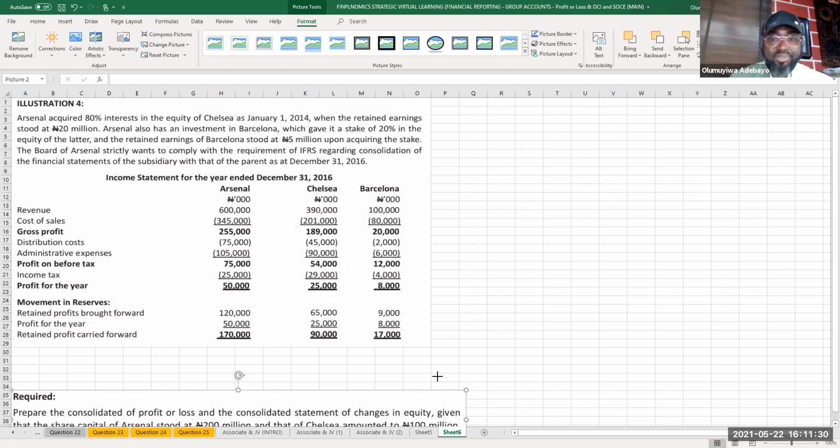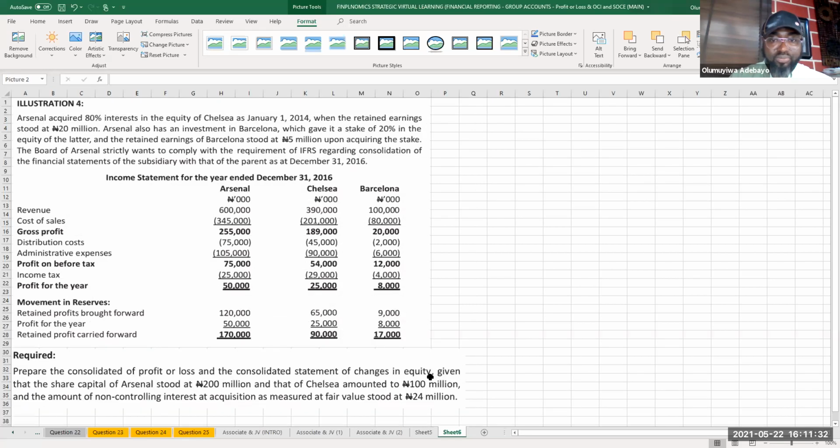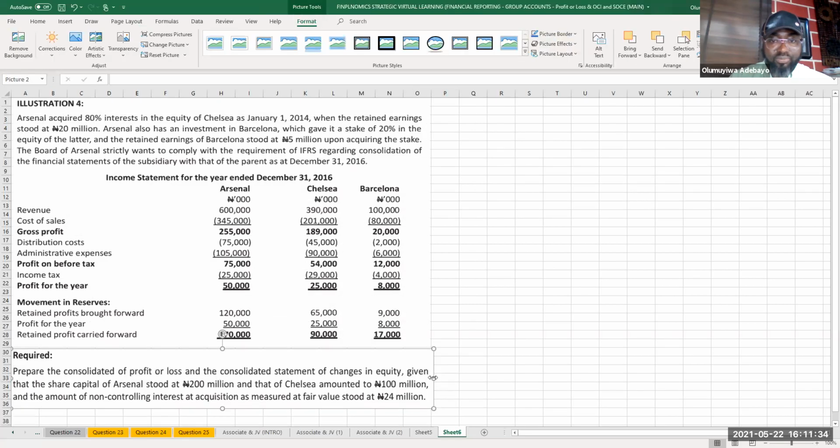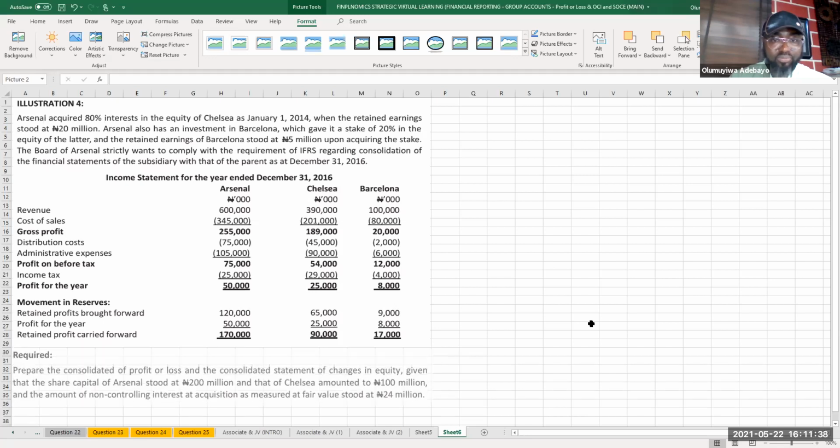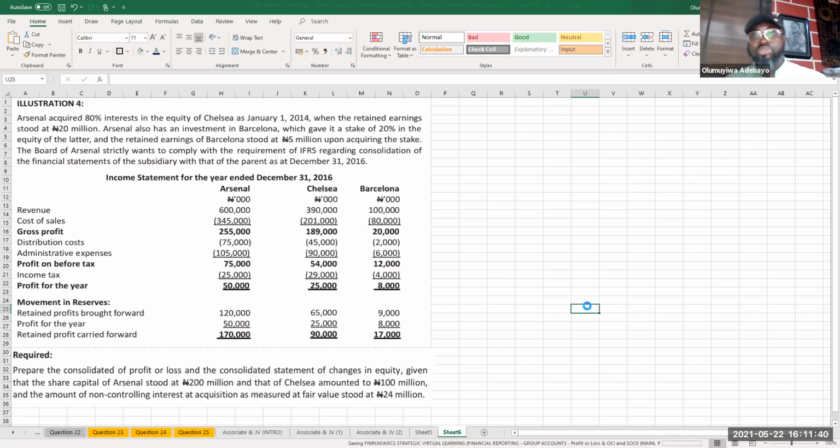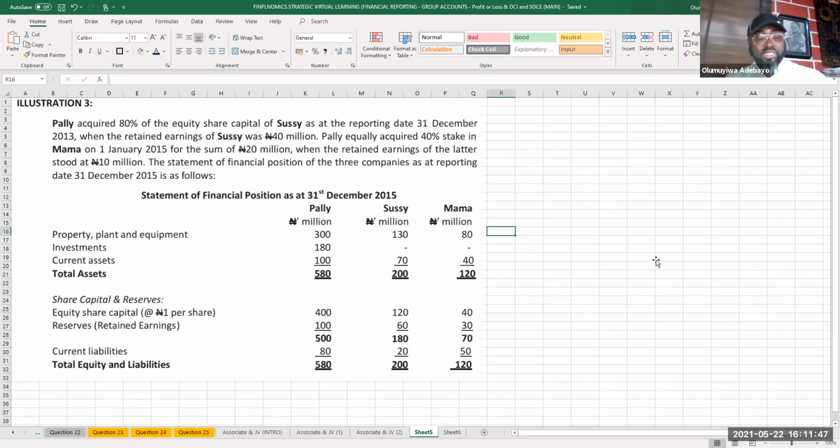Try to attempt this. These are the two we'll first of all look at before we look at other ones, but this must be attempted by you guys before we continue with part 2 of the section tomorrow.